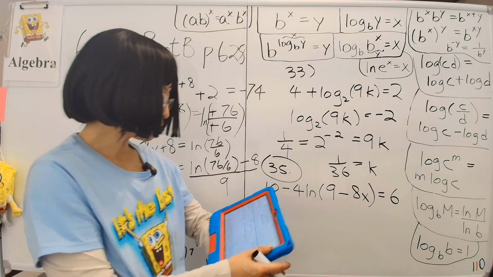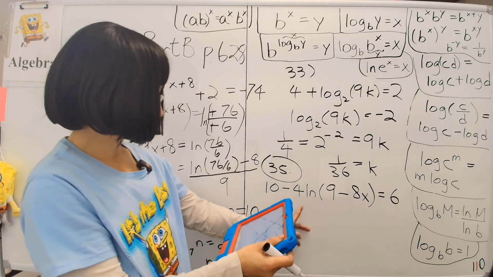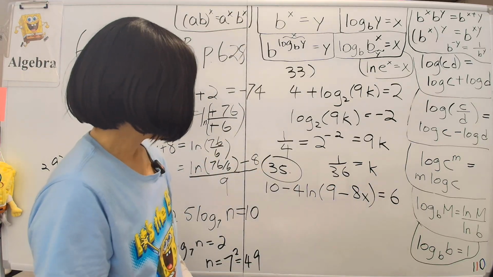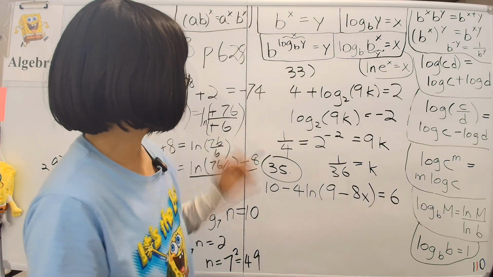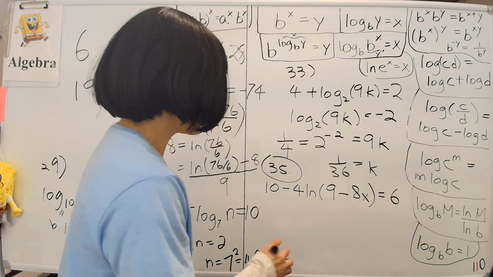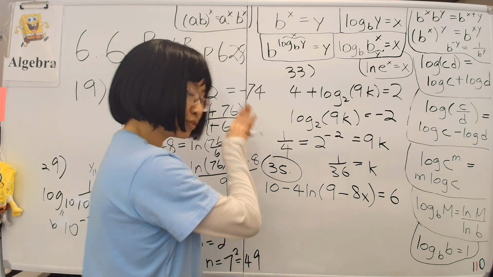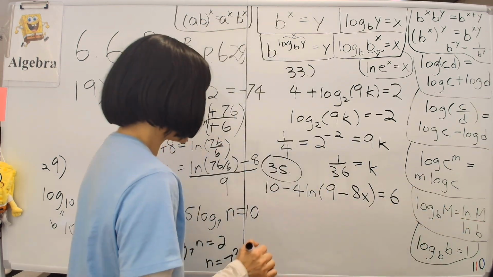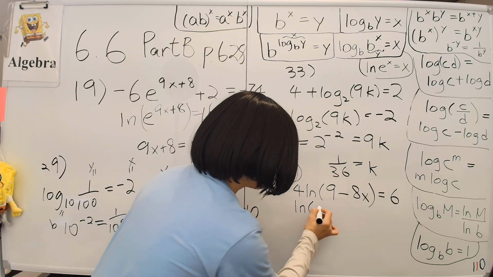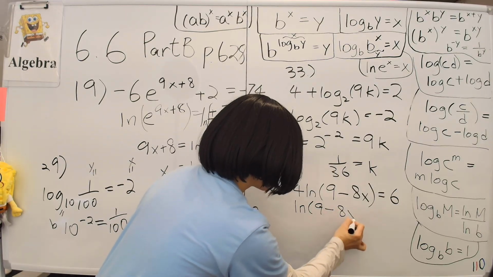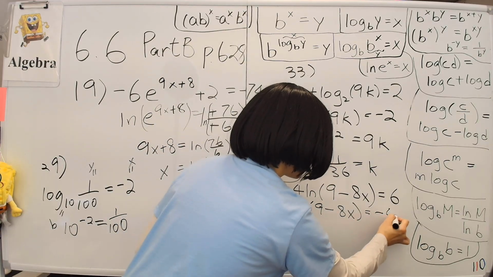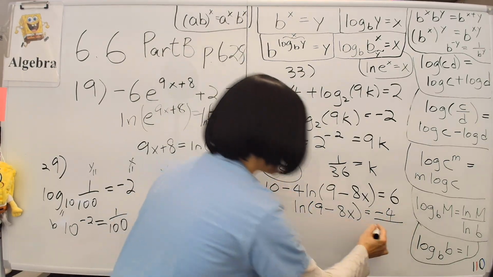So next, let's look at problem 35. 10 minus 4 times natural log of 9 minus 8x equal to 6. All right. Now to do that, let's get rid of the 10, kick it to the other side. And then push the minus 4 across the equal sign to the bottom of the division line. So after we do all that, we will have natural log of 9 minus 8x equal to 6 minus 10, which is minus 4, divided by the minus 4 here.